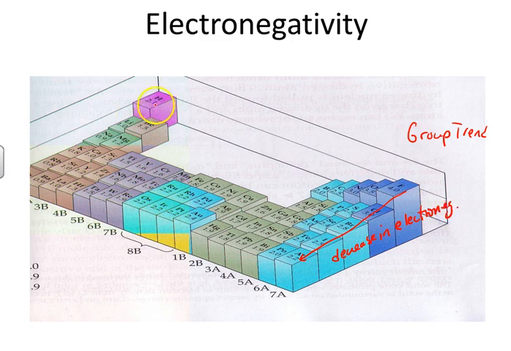And you can see the same thing as we go from hydrogen down the periodic table to francium down here at the bottom. There's a gradual, actually a fairly steep decrease in electronegativities. So where do we find the highest electronegativities? Top right. Where do we find the lowest? Bottom left.